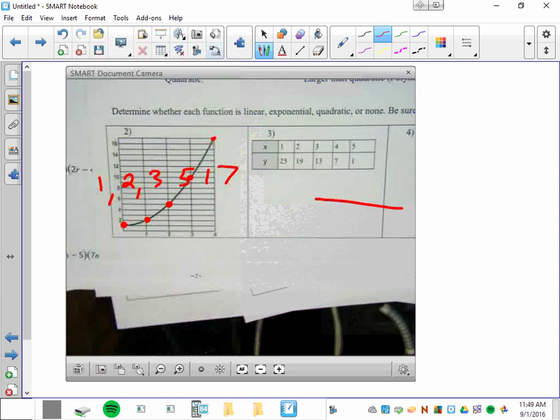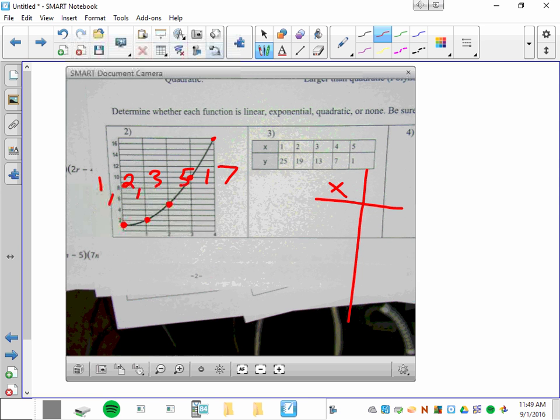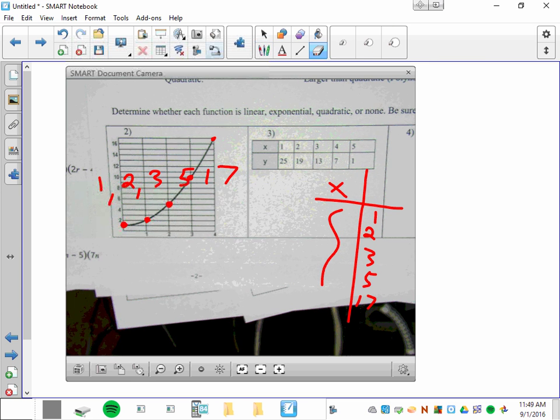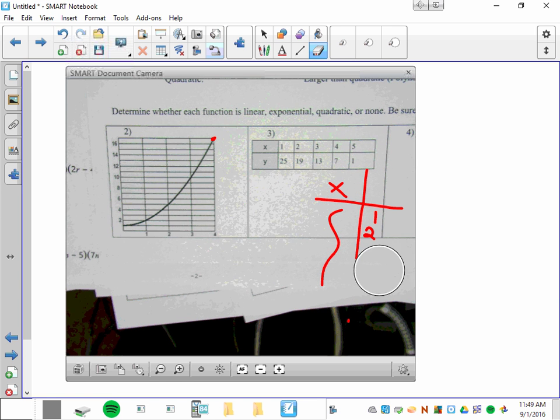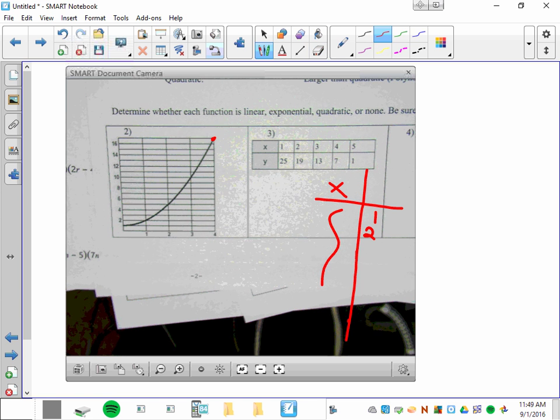So if I put that in a table, my x's I don't really care about. Oh, I messed that up. I'm sorry, guys. So the y values are 1, 2, 5, 10, 17. Thank you.